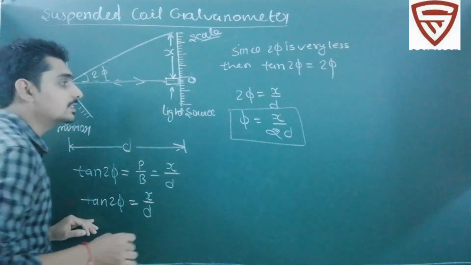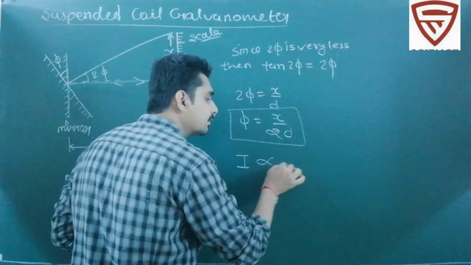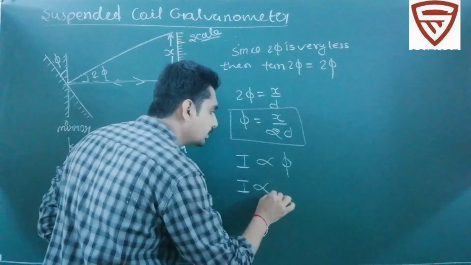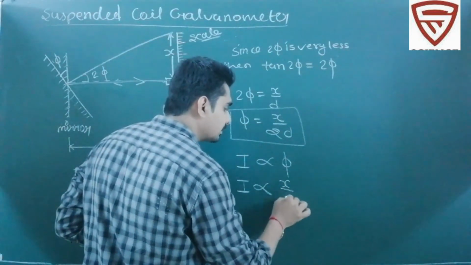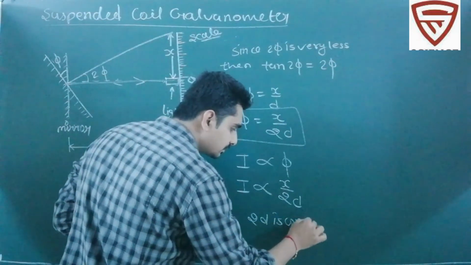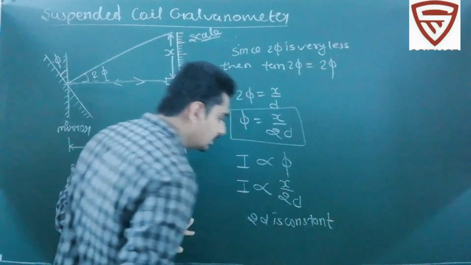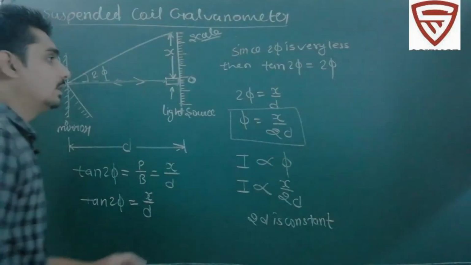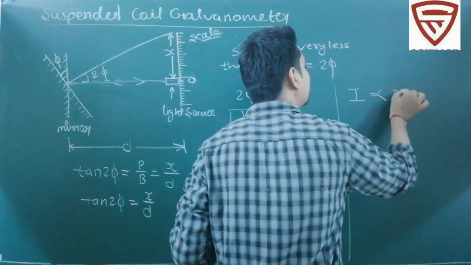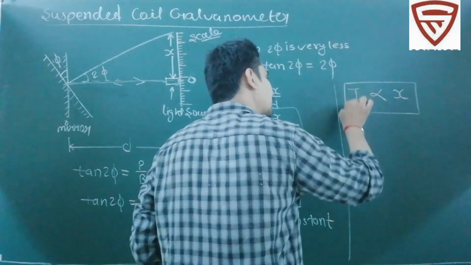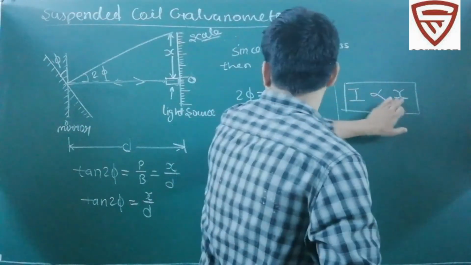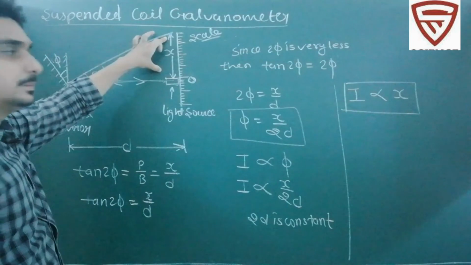We have also found the relation between current and deflection: I is proportional to phi, so we can put that value. I is proportional to x upon 2d. But this 2d is constant, so we can remove this constant also, and we can write I proportional to x. So we see that the current in the circuit is directly proportional to the deflection on the scale.